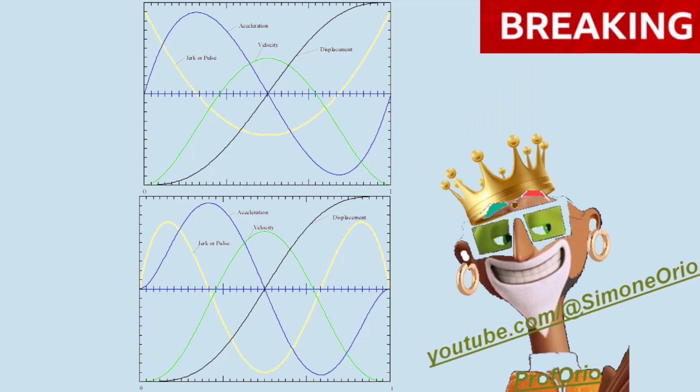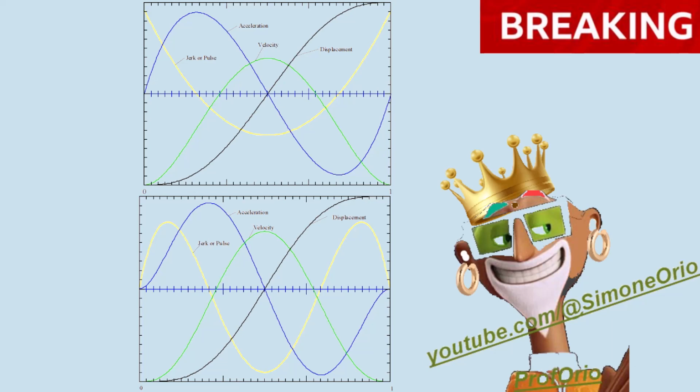The graphs shown here are for the polynomial. And you can see that the polynomial can be made to do just about anything you want it to do. The top graph shows constraints for acceleration of 0 at beginning and end, velocity of 0 for beginning and end, and displacement 0 at beginning and some non-zero value for the ending.